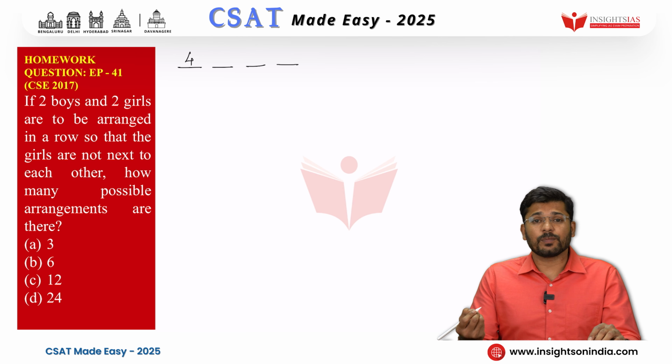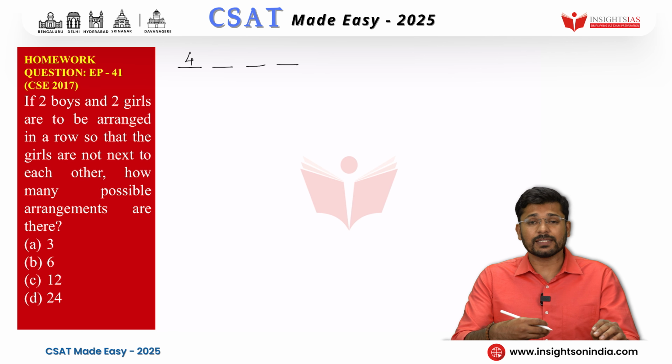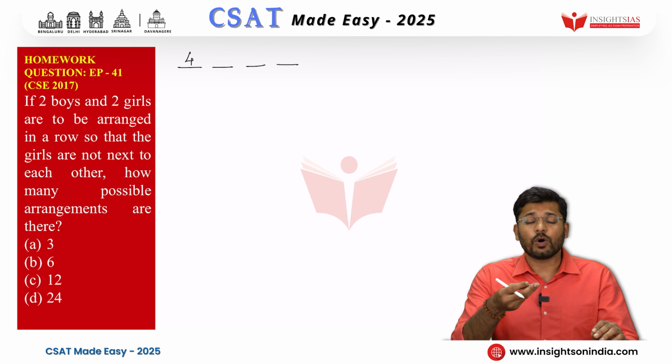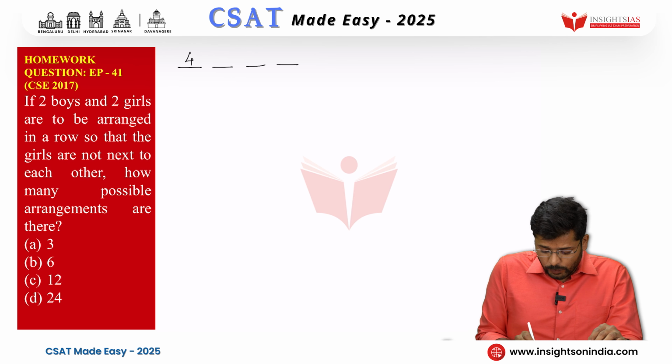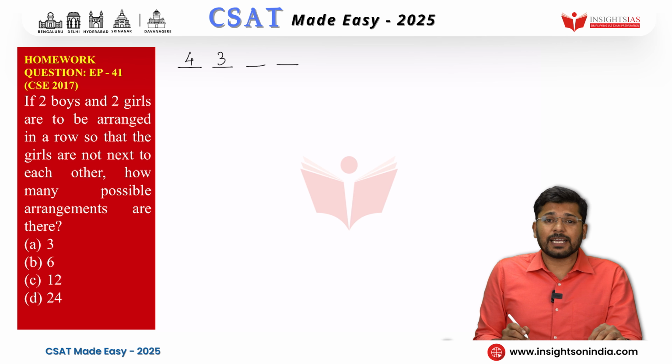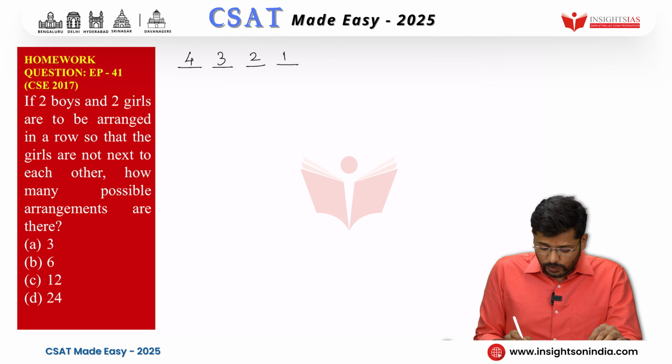In the second position, since we would have placed one person in the first position, for example, if the names of the boys and girls are A, B, C and D, and A takes the first position, only B, C and D, only 3 people can take the second position. So we have only 3 options for the second position, and then only 2 options for the third position by the same logic, and ultimately we would have only 1 option for the last position.